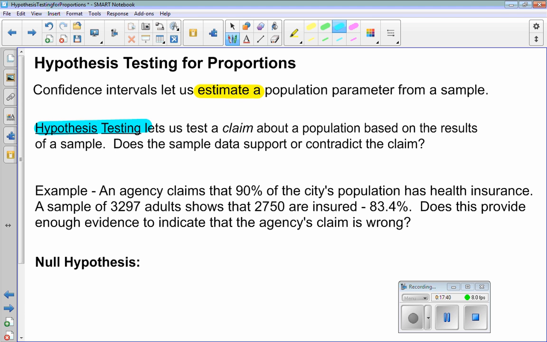We can conduct a test to either prove it or disprove it. Actually, we should say not prove or disprove, but support or contradict the claim. So those are two different things. Both are within inference, this big ball of inference. Confidence intervals let us create an estimate, and in hypothesis testing, we have a claim to give evidence to or not.